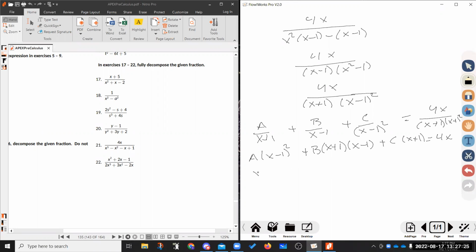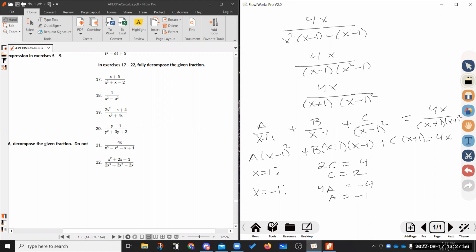So when x equals 1, 2c is equal to 4, c is equal to 2. When x equals negative 1, 4a is equal to negative 4, a is equal to negative 1.